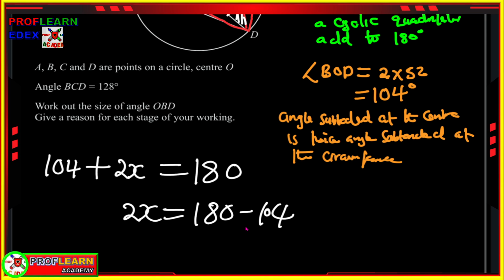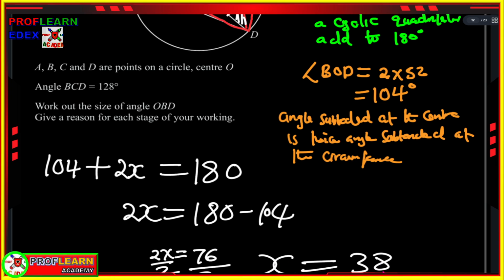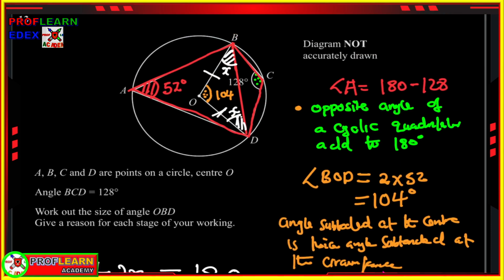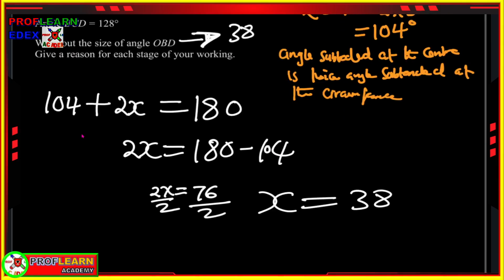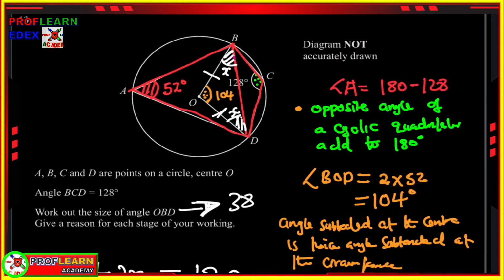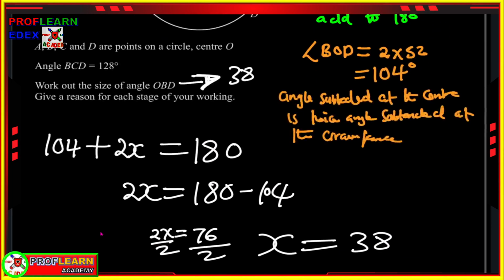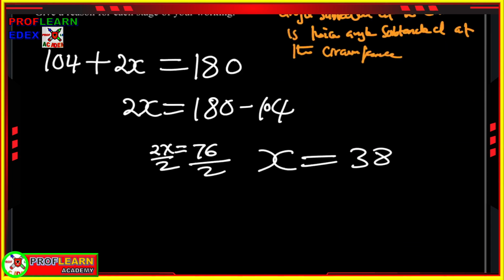After getting 76, we shall say 2x is equal to 76, divided by 2, x is equal to 38. So the angle we are looking for, angle OBD, is 38. And the reason is base angles of an isosceles triangle are equal, or you can say angles in a triangle add up to 180.